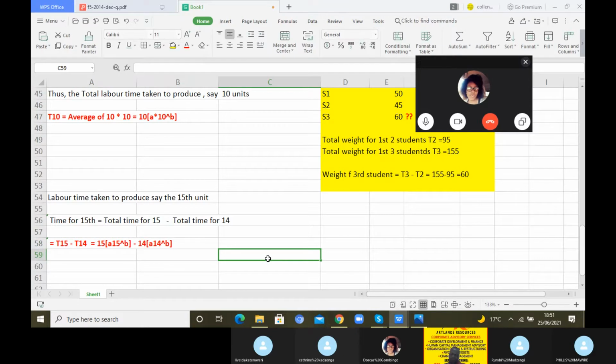Can you use the same notation to find me the time taken to produce the 100th unit? Can you type in the chat? Let me know how you would calculate the time taken to produce the 100th unit.